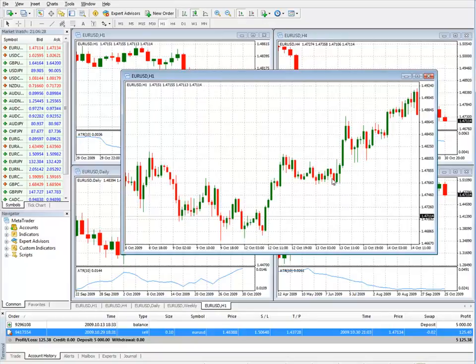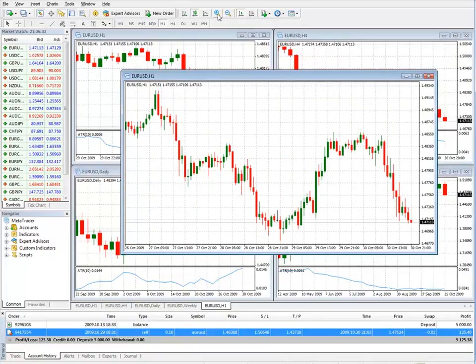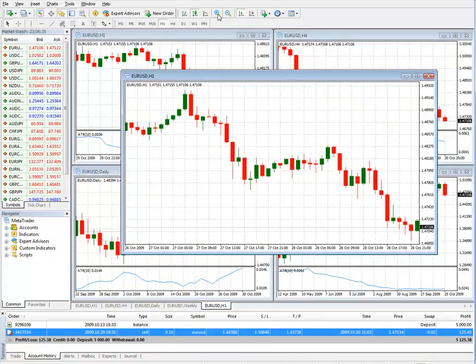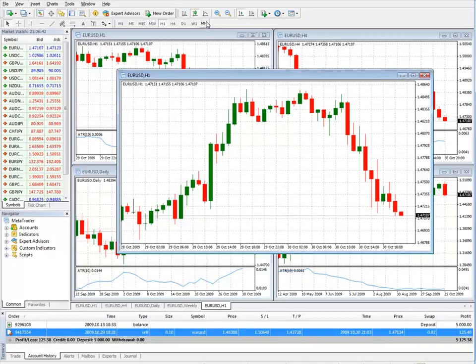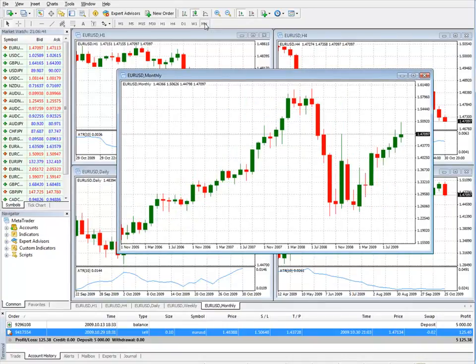and there you go. And we go up here, hit the plus sign, make that a little bit bigger for us. You can see that's still hourly, so we go up here to monthly to complete a longer time frame, and there we have a nice beautiful monthly candlestick chart.